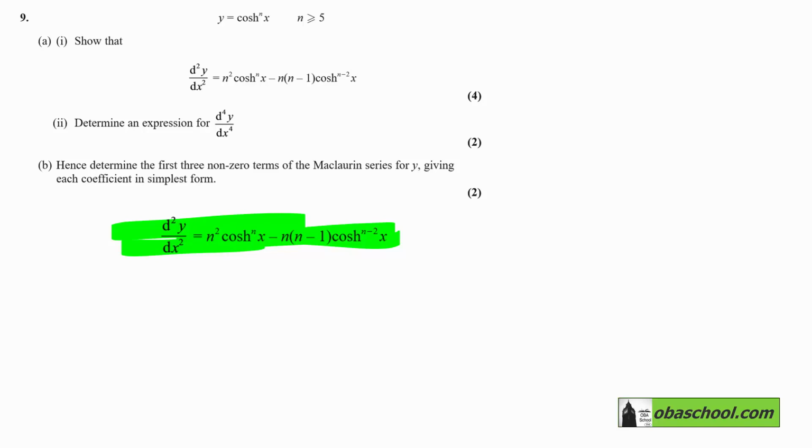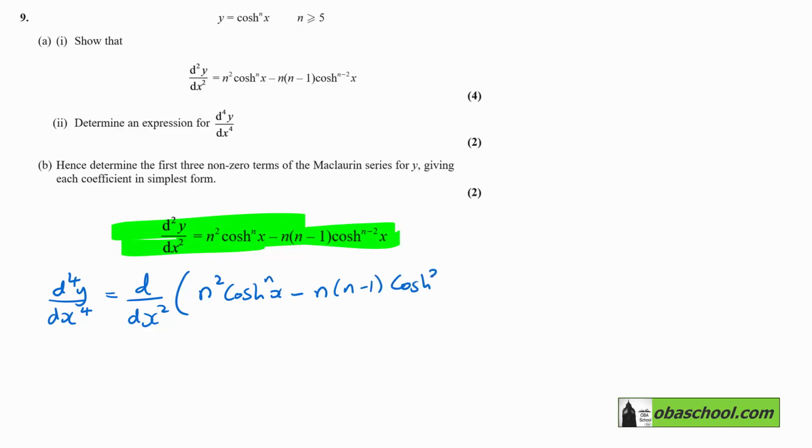So if we think about d4y dx to the 4, that is the same as differentiating twice n squared cosh nx, take away n minus 1 cosh n minus 2x.